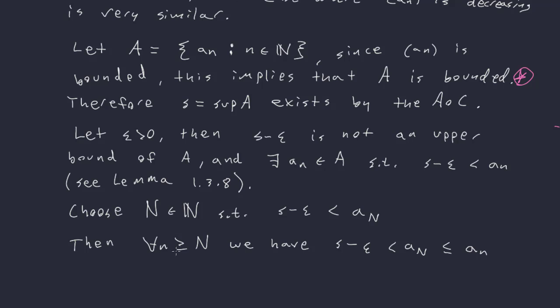So for every next n, that a_n is going to be greater than or equal to this particular a_N, and that's because a_n is increasing.